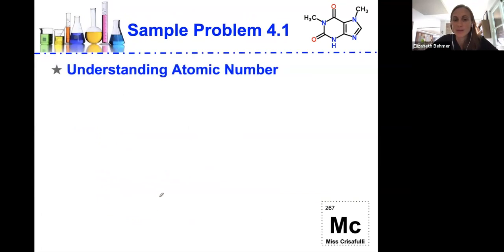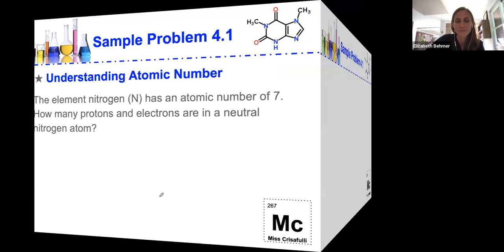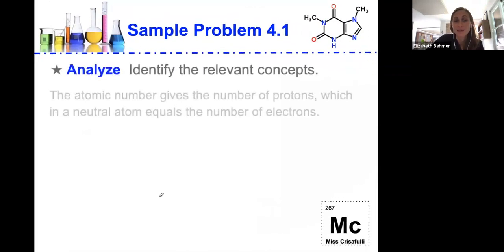Let's do a sample problem that talks about understanding the atomic number. The element nitrogen with the atomic symbol uppercase N has an atomic number of 7. How many protons and electrons are in a neutral nitrogen atom? Let's analyze, identify the relevant concepts.